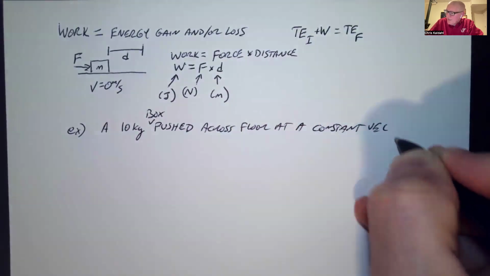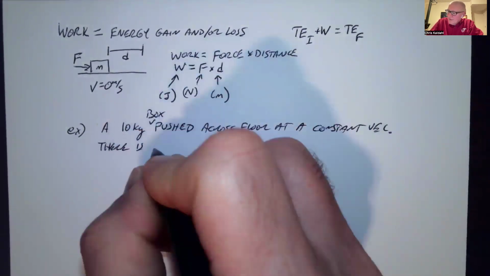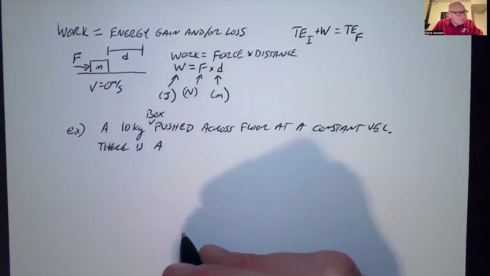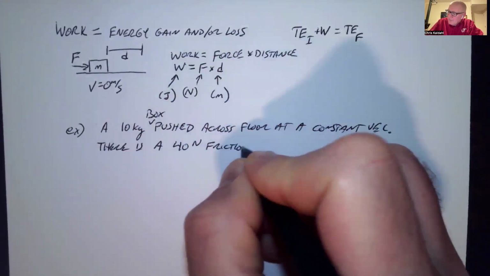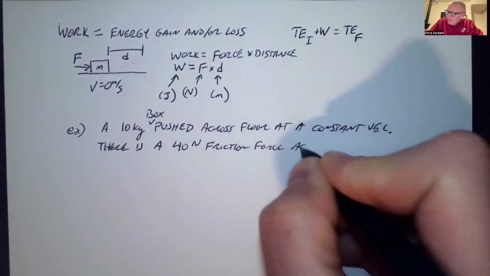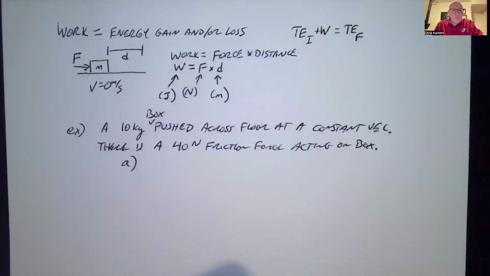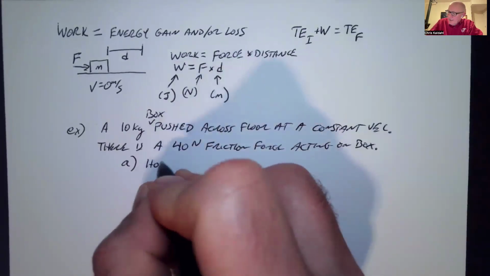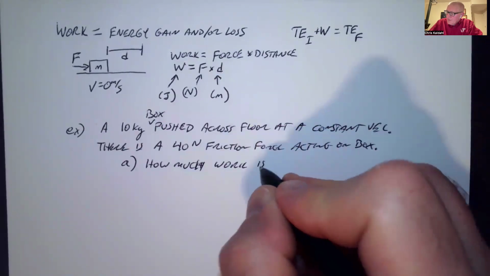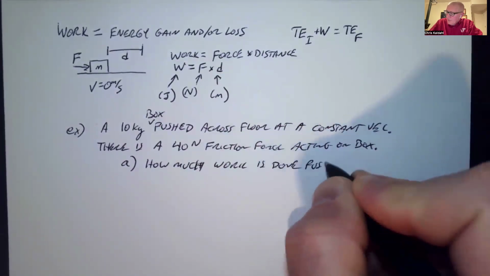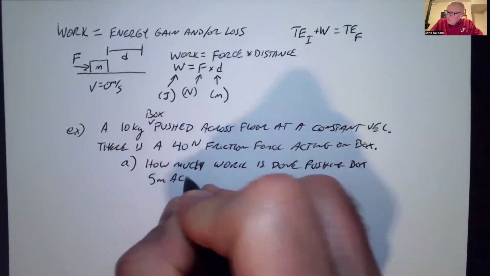We'll talk about what that means here in a second. We'll say that there is a 40 Newton friction force acting on the box. So part A is we want to figure out how much work is done pushing the box 5 meters across the floor.